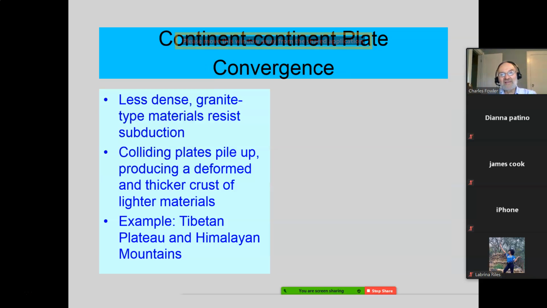Okay, and finally the continental plate convergence. The less dense granitic material resists subduction. They both try to go up. The colliding plates pile up and therefore produce deformed, thicker crust of lighter materials. And there's several examples of this.